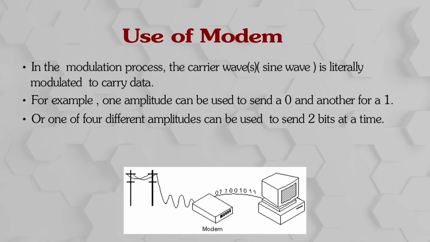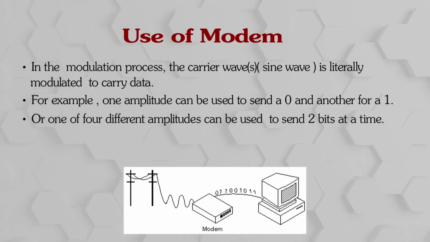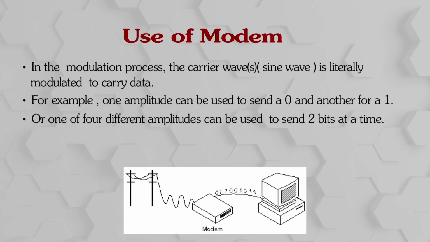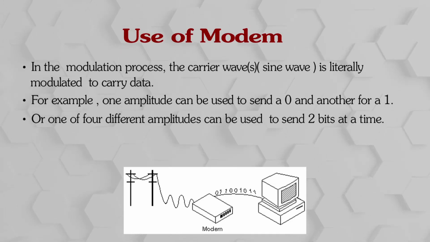Then 00 could be one, 01 could be another, 10 could be another, 11 could be another. So there are different kinds of amplitude if I want to send 2 bits at a time. Let me read once again: one of the 4 different amplitudes can be used to send 2 bits at a time.